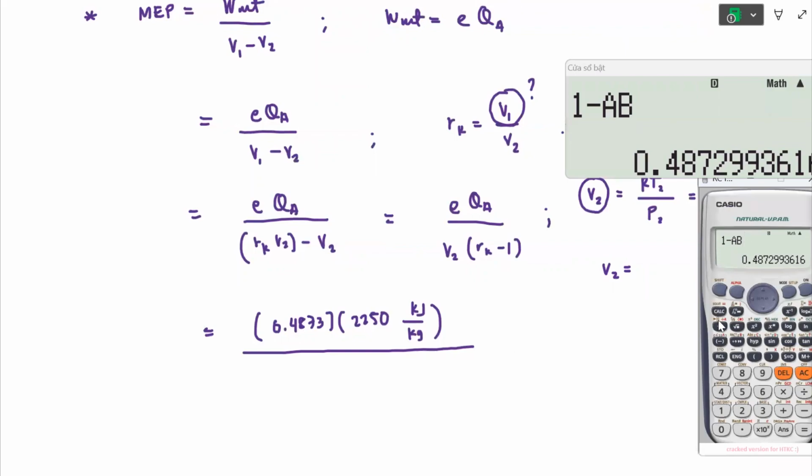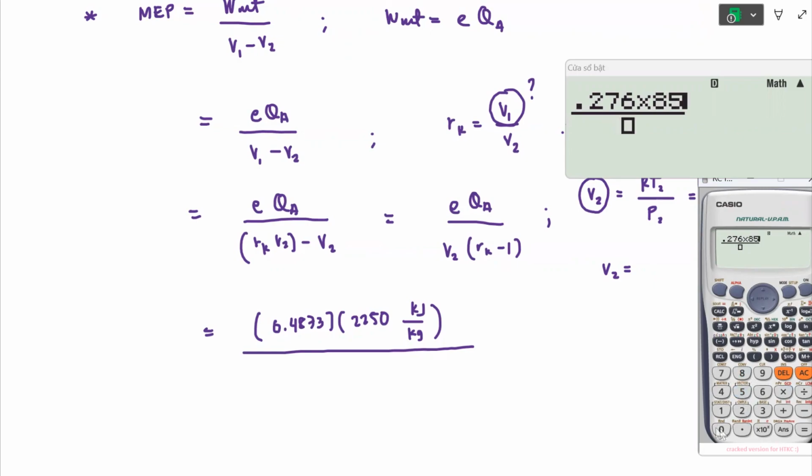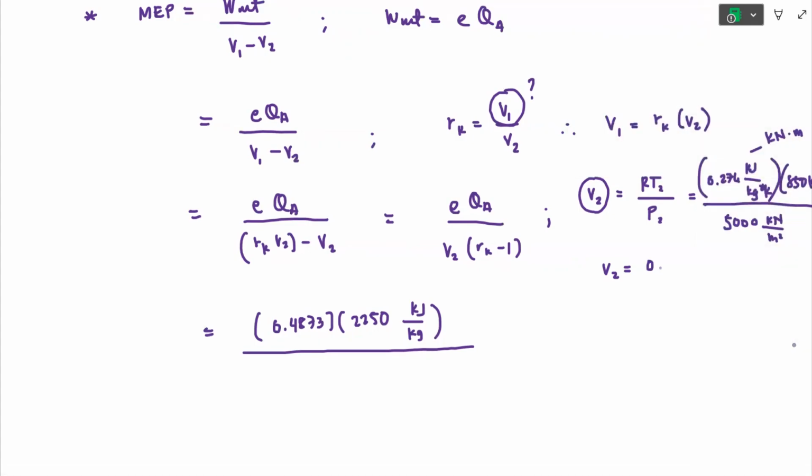So, solve natin sa calculator. This is 0.276 multiply to 850 divide by 5,000. This is 0.0469 meter cube every kilogram. Check.